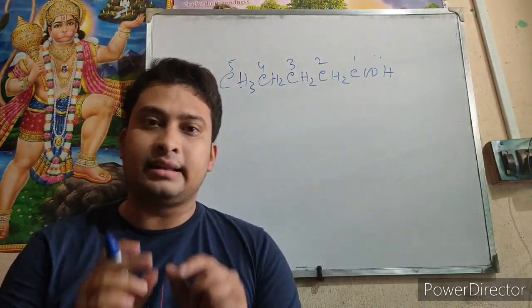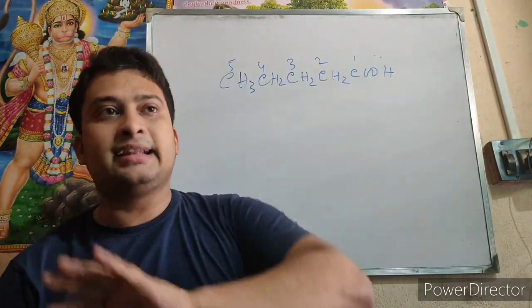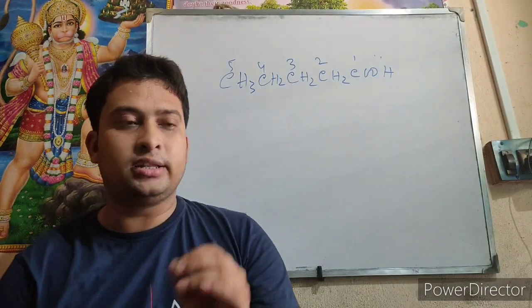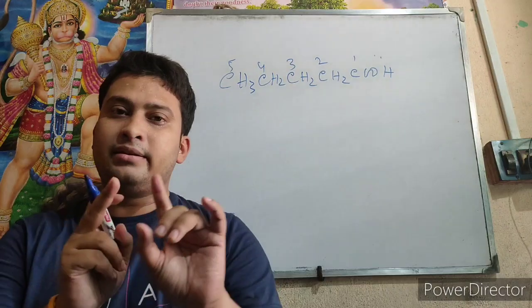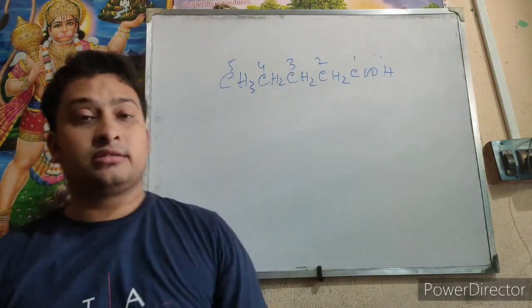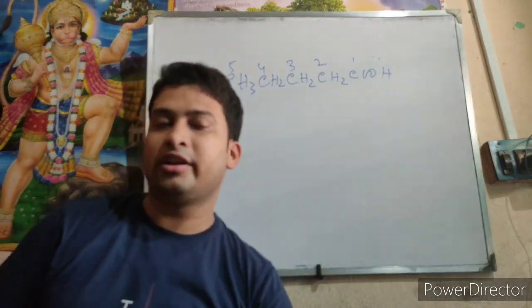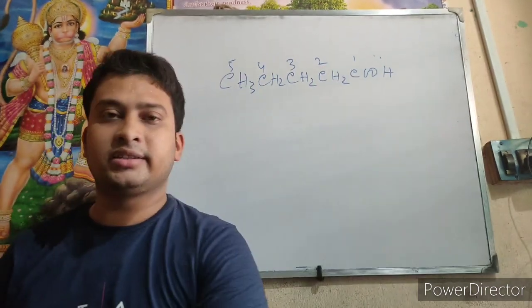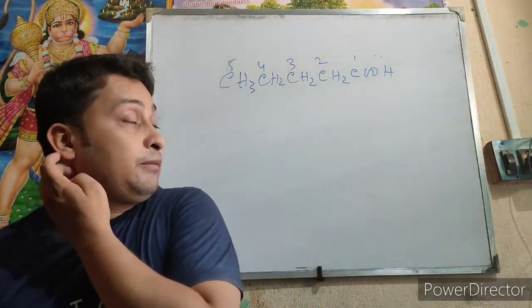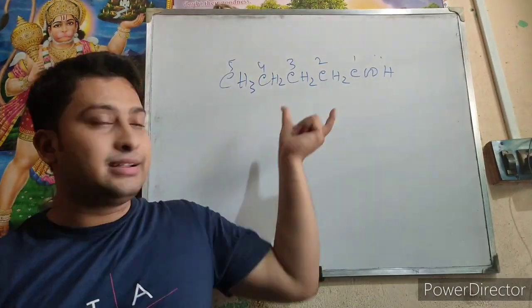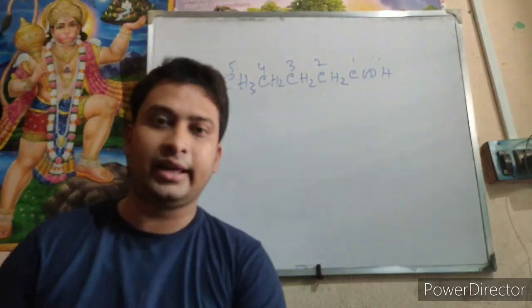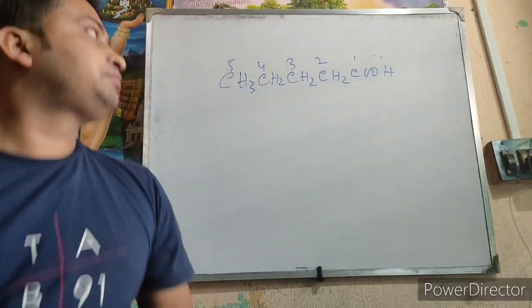Pent means the number of carbons is 5, and the bond between the carbons is single. So this is pentan-1-oic acid, due to the presence of COOH on the first position. You can write it simply as pentanoic acid. Okay.